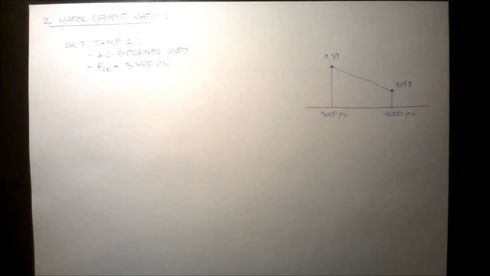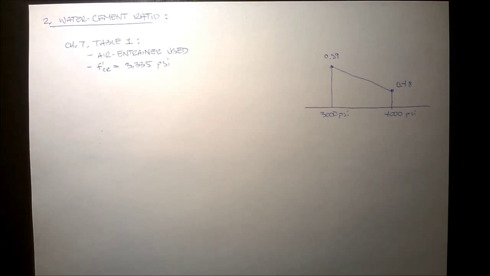All right, so the next step is to calculate the water-cement ratio, and to do this, we're going to look at Table 1 in Chapter 7, called Typical Relationship between Water-Cement Ratio and Compressive Strength of Concrete. There's a column that lists the compressive strength from 2,000 to 7,000 psi, and then water-cement ratios, which depend on whether air entrainer was used or not.